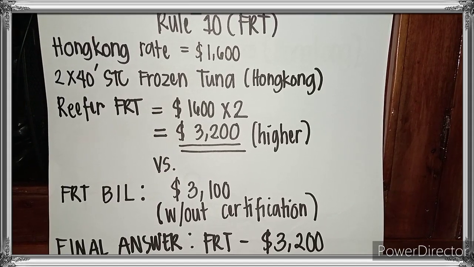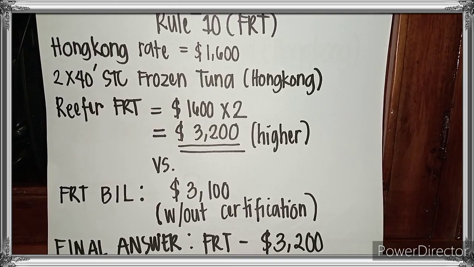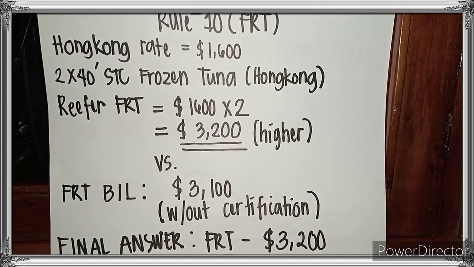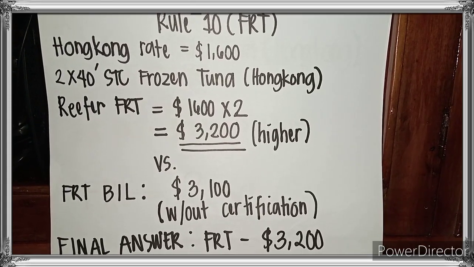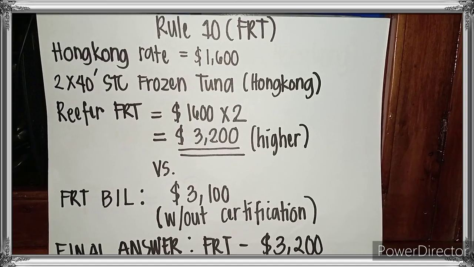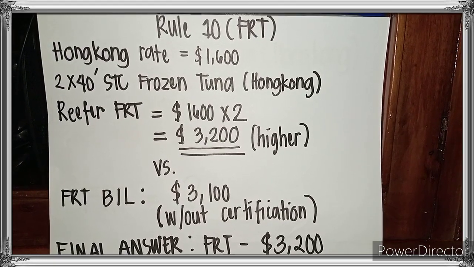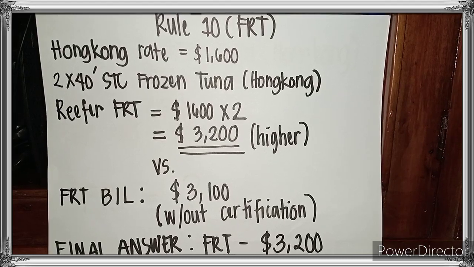So we will pick the Hong Kong rate of $1,600 to identify our freight and apply whichever is higher. Then let's proceed: the reefer freight is equal to 1,600 times 2, which is equal to $3,200.